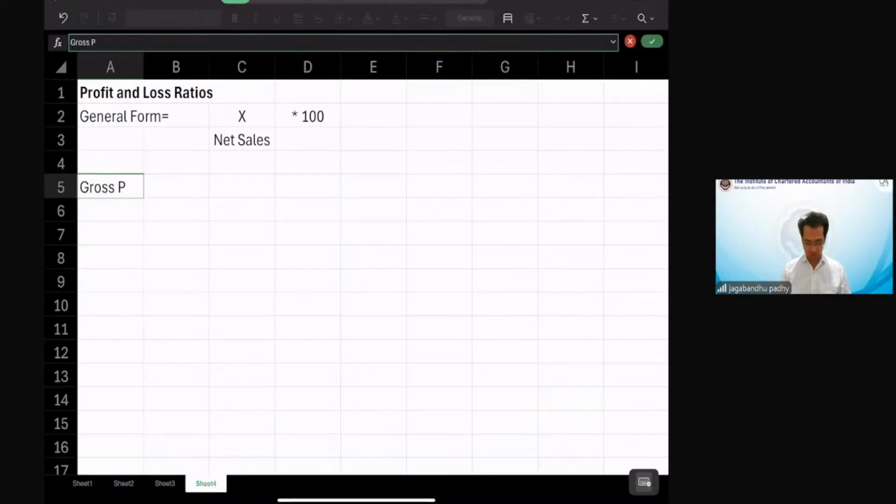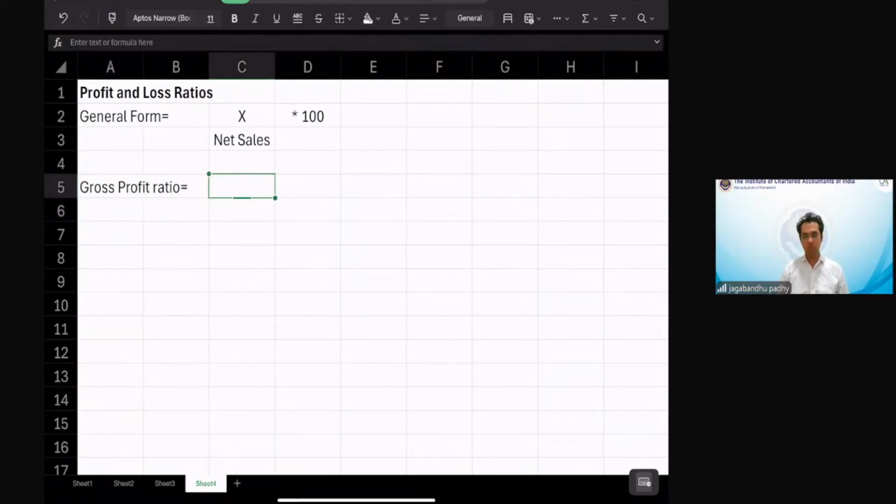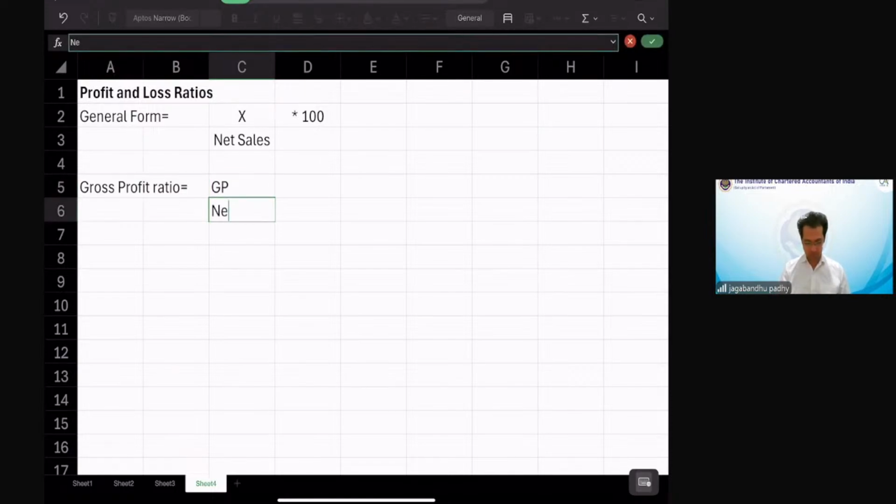So if you want to know what is the gross profit ratio, it's going to be gross profit on net sales multiplied by 100.